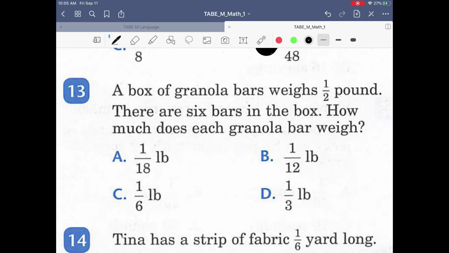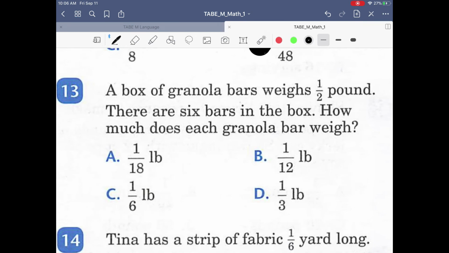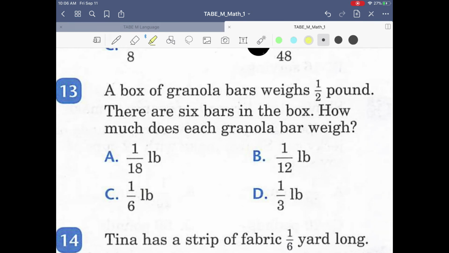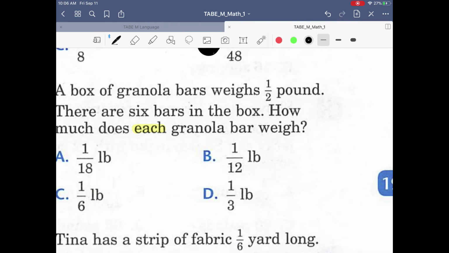Number 13. A box of granola bars weighs 1/2 pound. There are 6 bars in the box. How much does each granola bar weigh? So assuming that we are not counting the weight of the box, we're only counting the weight of the granola bars.